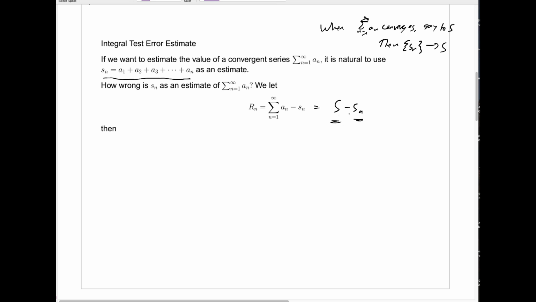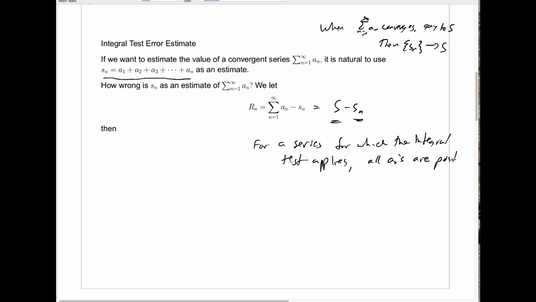It's this difference. And when we have a series for which the integral test is applicable, all of the terms are positive because they all have to come from some sort of positive function.